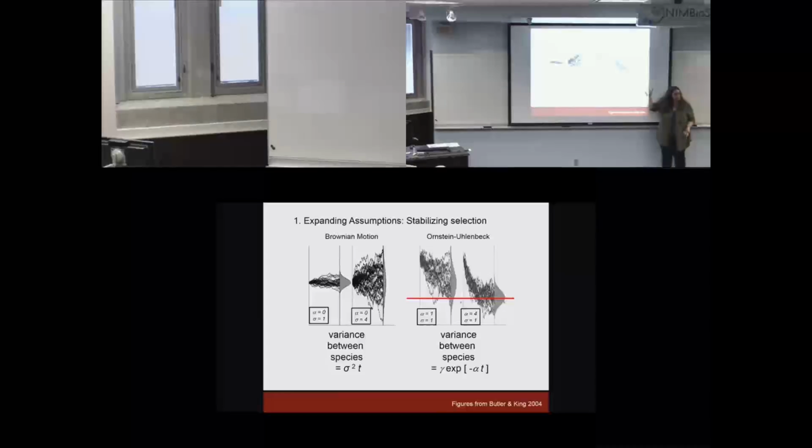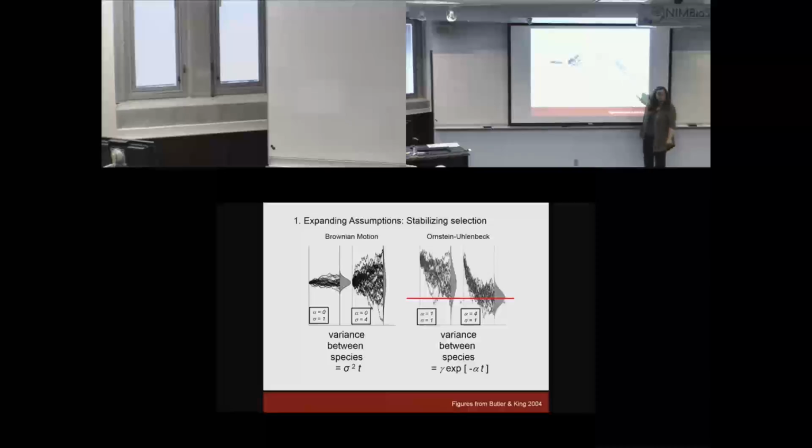Let's think about this as like body size, for example, right? So in this example, we have a body size that starts out much larger than the optimum, right? So selection's pushing it towards a small body size, right? In this example. And I think the question you're asking is, what if it's already at the optimum, right? What is the OU process going to do to it, right?